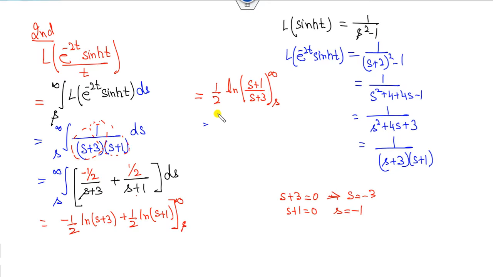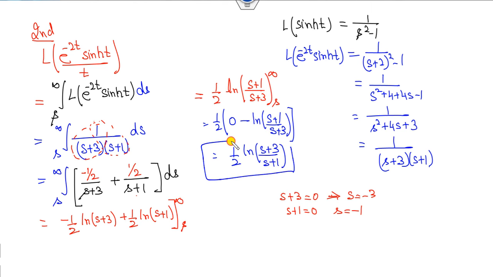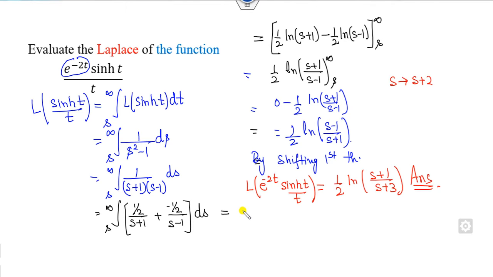So when you substitute infinity, it is my 0, minus ln of (s plus 1)/(s plus 3). I can adjust the negative sign. It is ln of (s plus 3)/(s plus 1) is the right answer, and you can verify it from this previous one also.